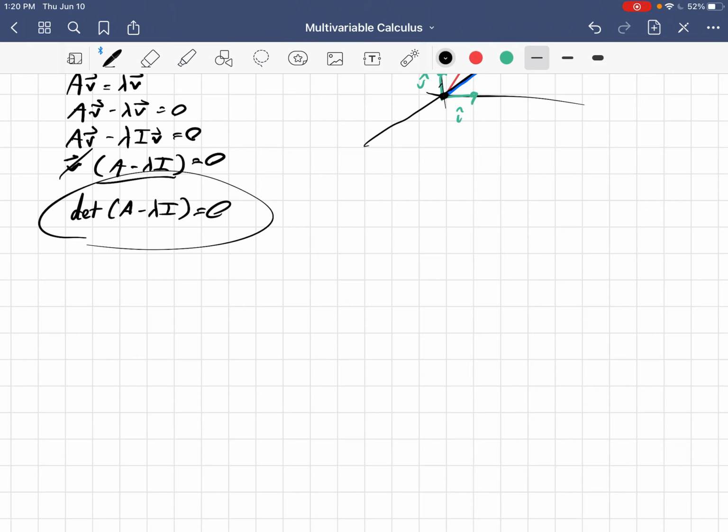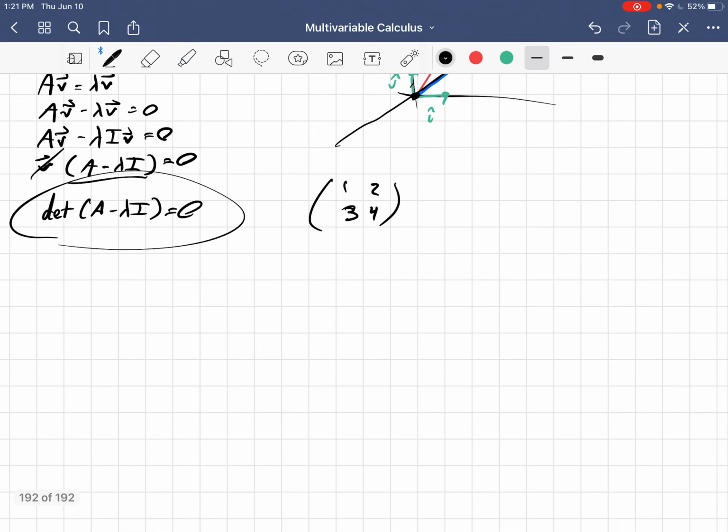And this right here is the equation for how you calculate eigenvalues. This is really very simple. Let's say you've got a matrix A, say 1, 2, 3, 4. The identity matrix in R2 is just 1, 0, 0, 1.